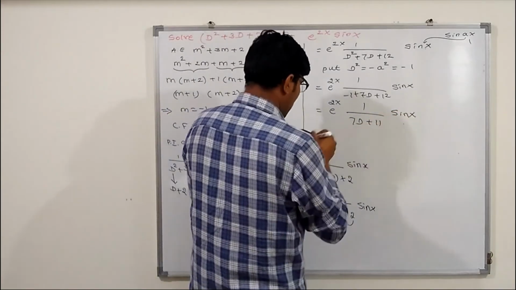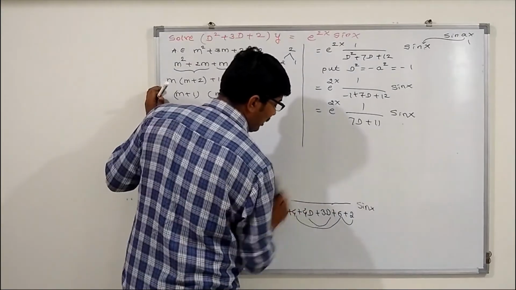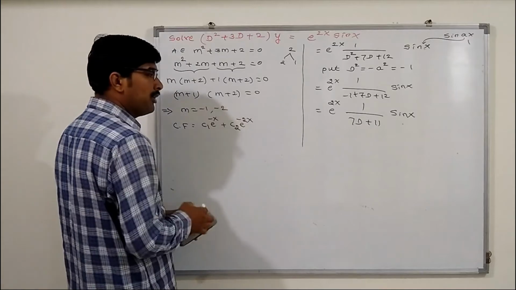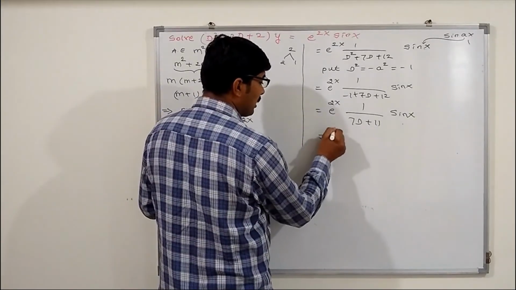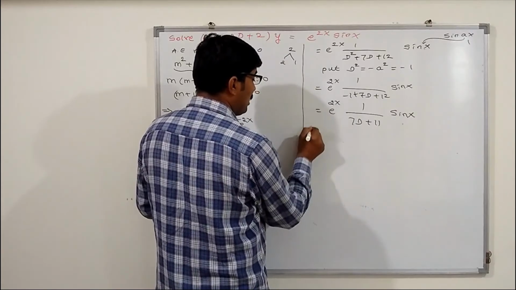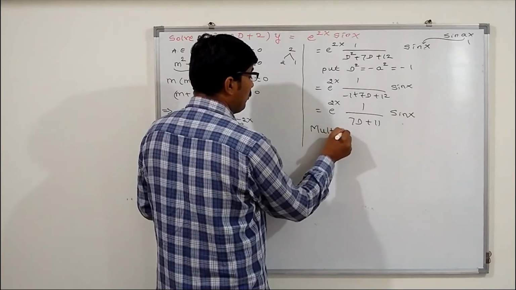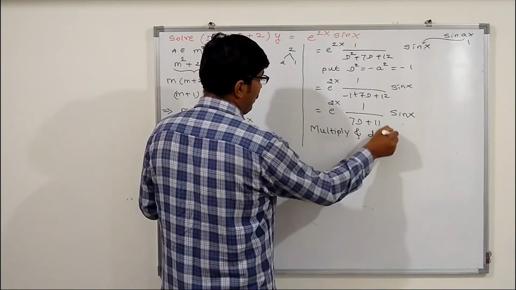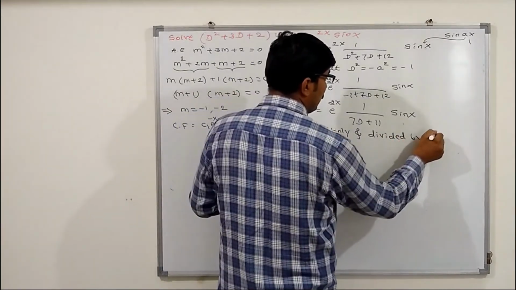Now again we have to find the particular integral. So to find the particular integral, we have to substitute D square is equal to minus 1, and to get D square is equal to minus 1, we have to rationalize it. So I will write here, multiply and divide by 7D minus 11.